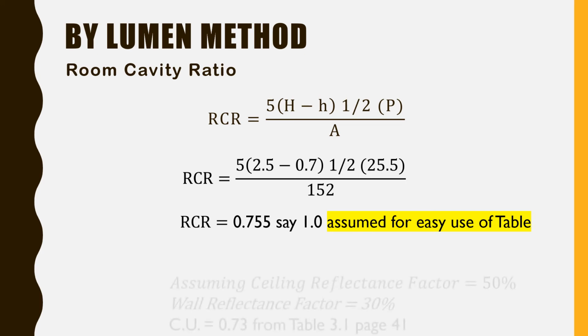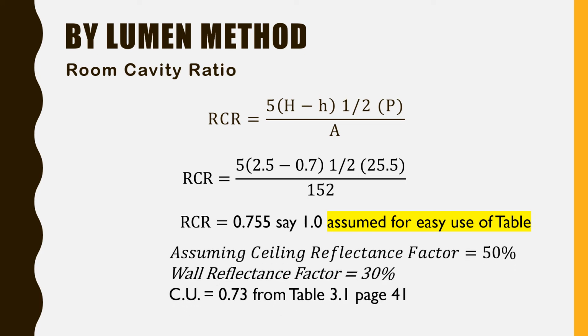So assuming ceiling reflectance factor 50%, I always use ceiling reflectance factor as 50% because when the luminaire is hanging, it will not reflect all from the ceiling. So I always assume 50%, and for the wall, I'm assuming a very low 30%.